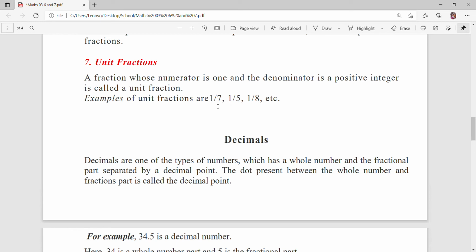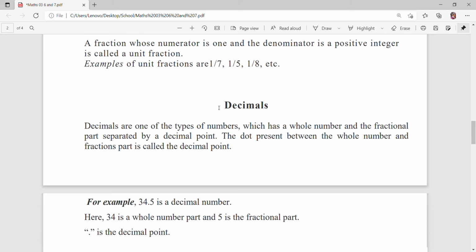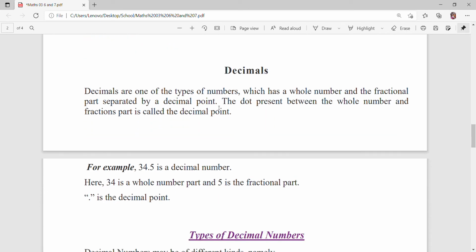Next, move to decimals. What do you mean by decimals? Decimals are one of the types of numbers which has a whole number and a fractional part separated by a decimal point. The dot present between the whole number and the fraction part is called the decimal point.